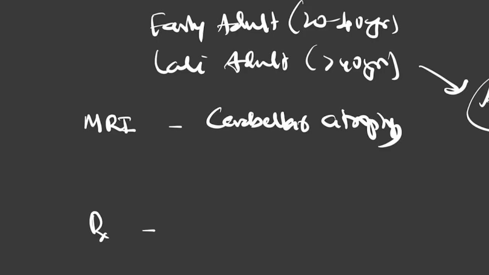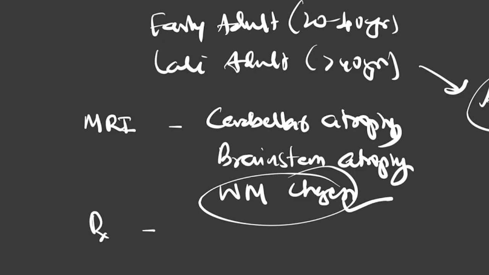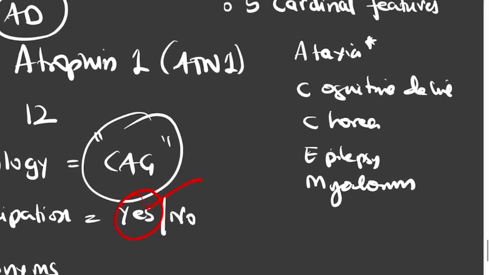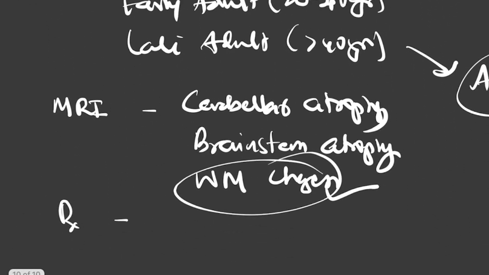Then we have brainstem atrophy also, because the red nucleus and other associated structures will be involved. Along with that, white matter also will show some changes. White matter changes are the reason why they can have cognitive decline. One of the cardinal features I told earlier: cognitive decline, chorea, epilepsy, myoclonus. Cognitive decline is because of the white matter involvement.